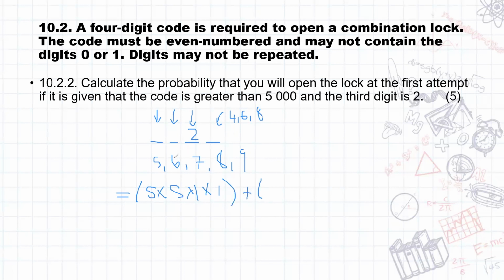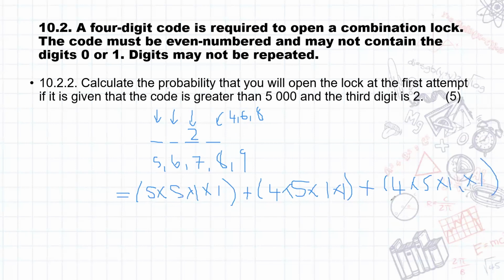Then we'll have 4 options times 5 possible options, which is this one here, times 1 times 1, and then plus 4 different options times 5 times 1 times 1.